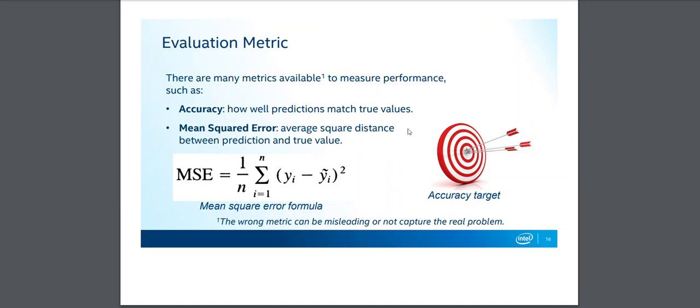So that's the accuracy. The mean squared error, or MSE, is the average squared distance between the prediction and the true value. So here's the formula for it.